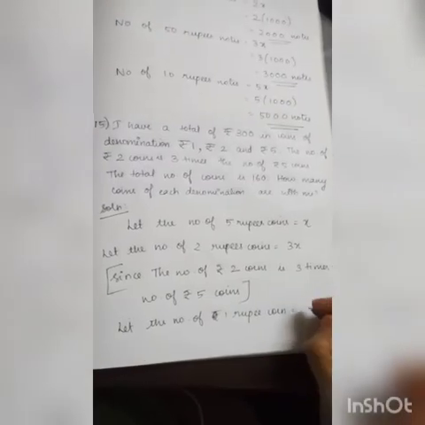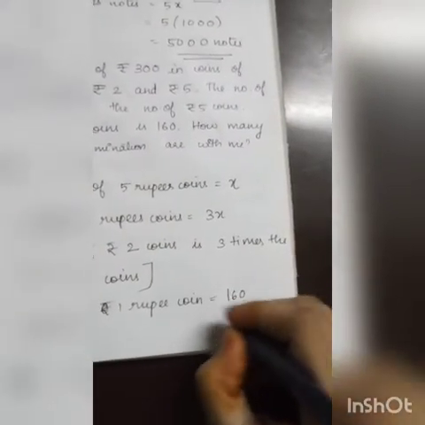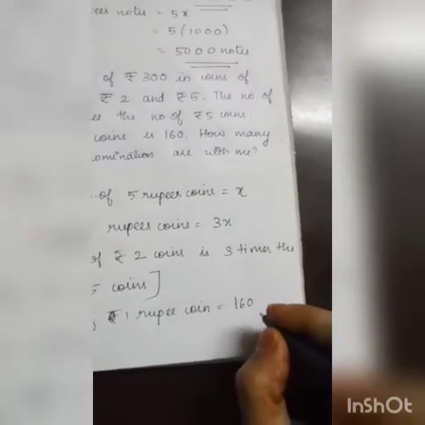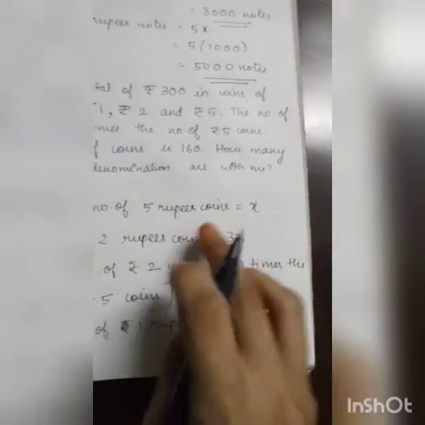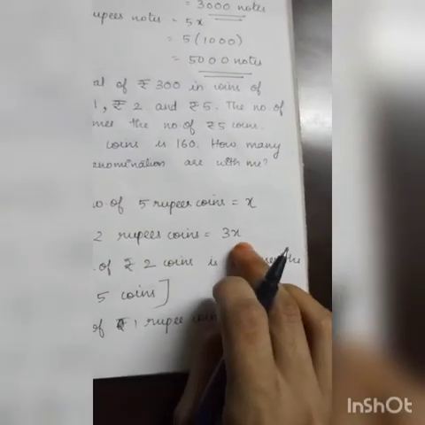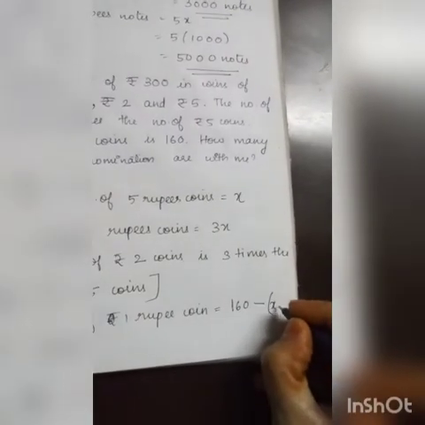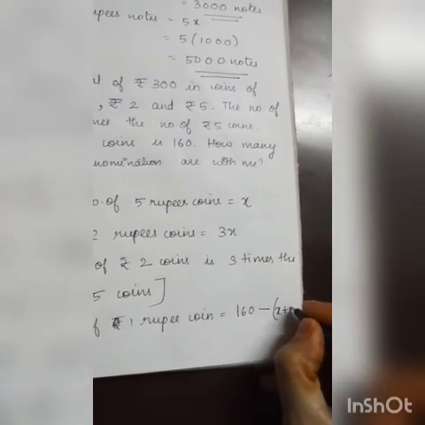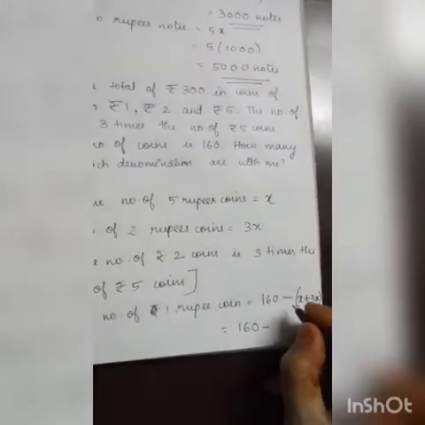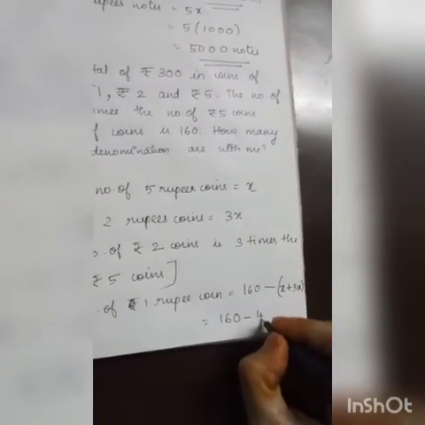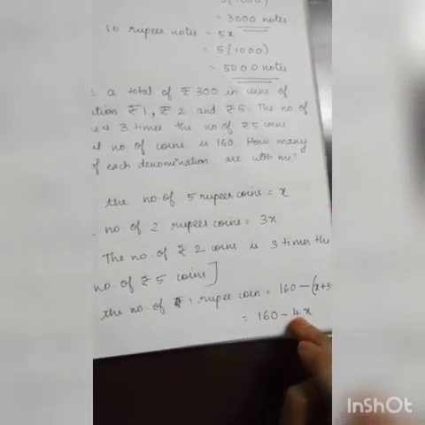So what I will do is, 160 is the total number of coins. If you subtract the 5 rupee coins and 2 rupee coins from it, will you get the 1 rupee coins? Yes. So the 5 rupee coins are x and the 2 rupee coins are 3x. So 160 minus (x plus 3x), that is 4x. So the number of 1 rupee coins is 160 minus 4x.